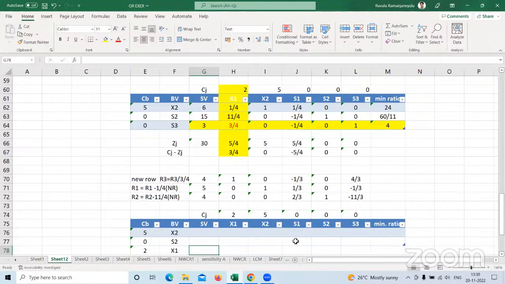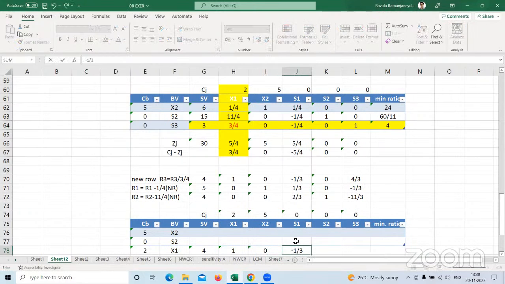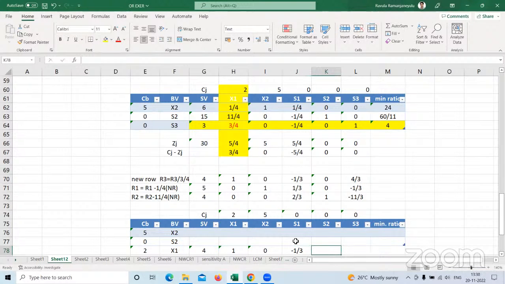So the third row, we got the new row values. So what new row values did we get? 4, right? 1, then 0, then minus 1 by 3, 0, and 4 by 3. That is the third row.